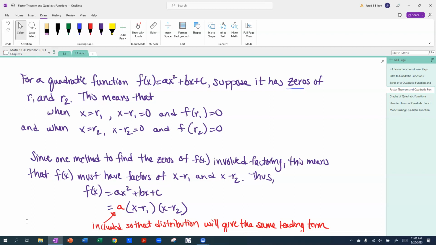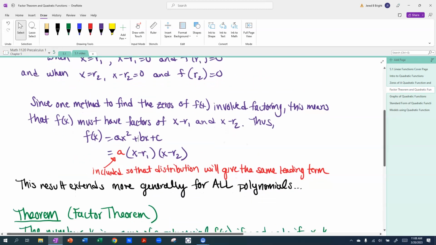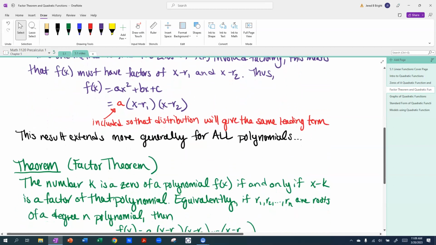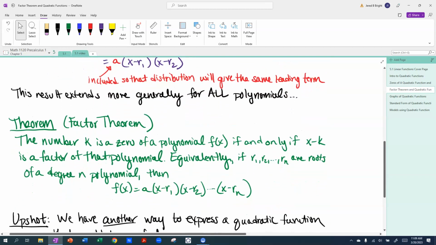So we have another way to write a quadratic function rather than ax squared plus bx plus c. We have it in this sort of factored form. And actually, this extends to all polynomials via the factor theorem. We'll see this again later on, but it just says that if we know that a number is a zero, then that means it's a factor of the polynomial.